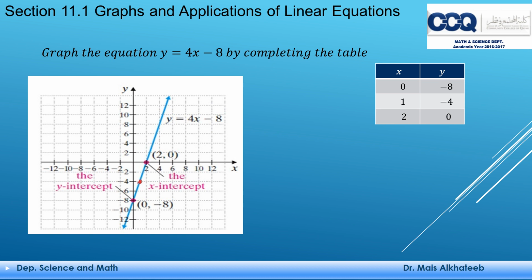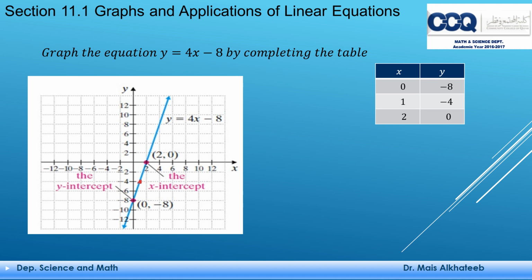This point lies on the x-axis because y is equal 0. I call the point 2, 0 the x-intercept because it lies on the x-axis. I call the other point 0, minus 8 the y-intercept because it lies on the y-axis. I will join the points. I will get the graph.